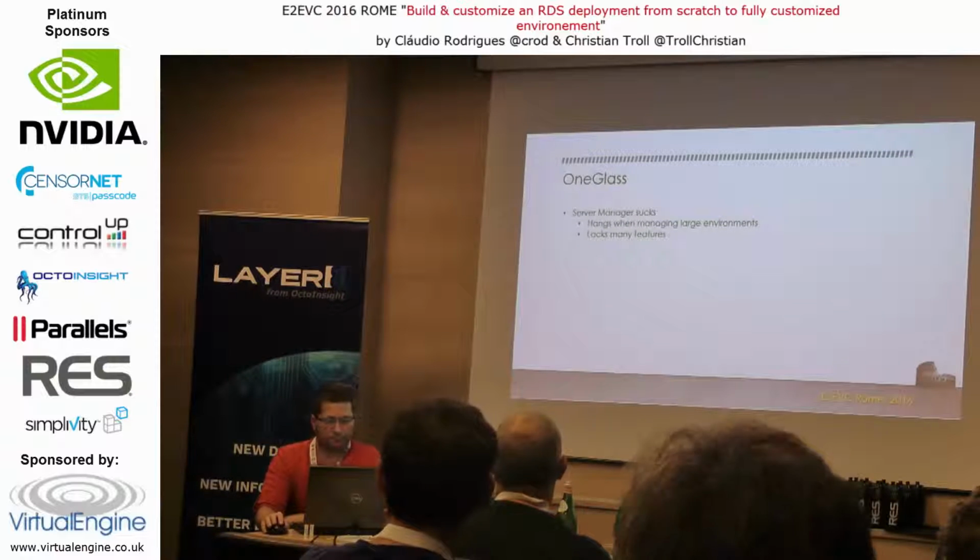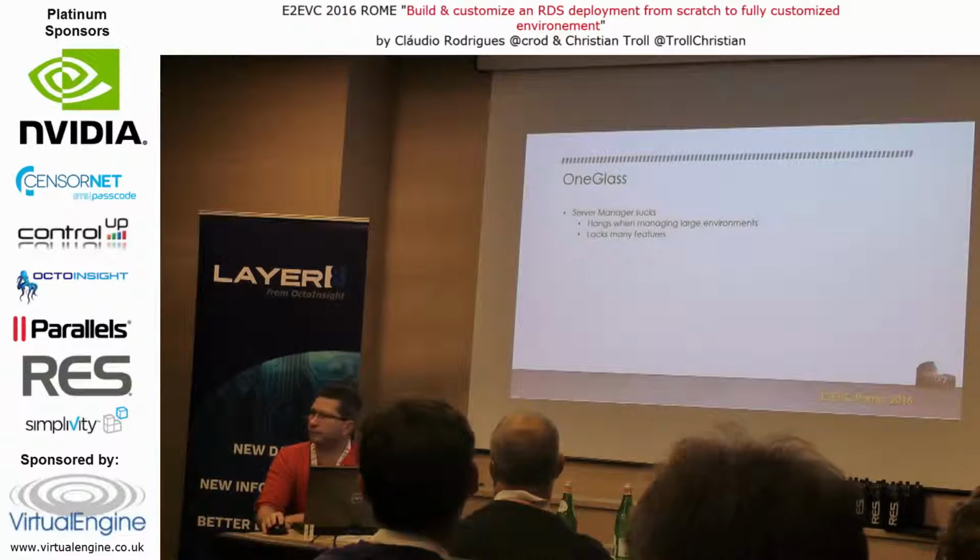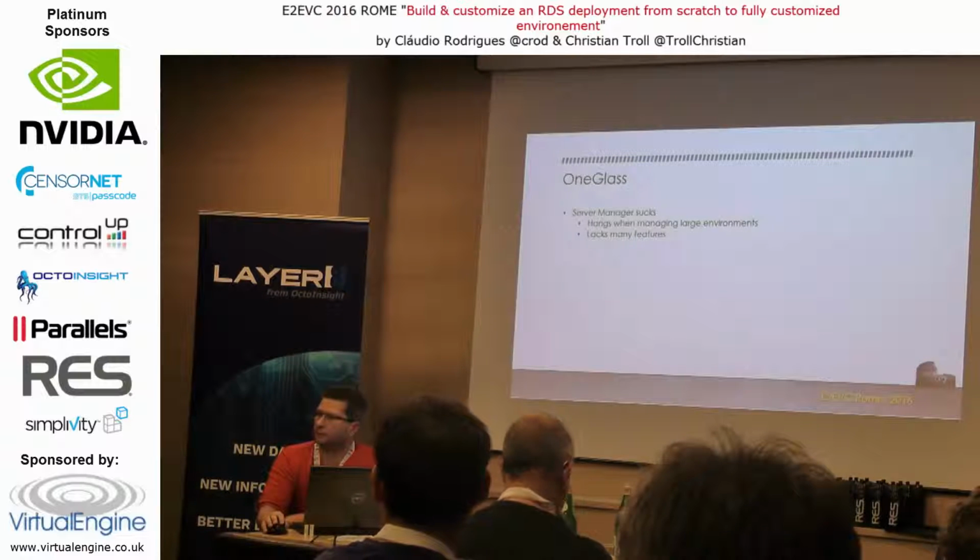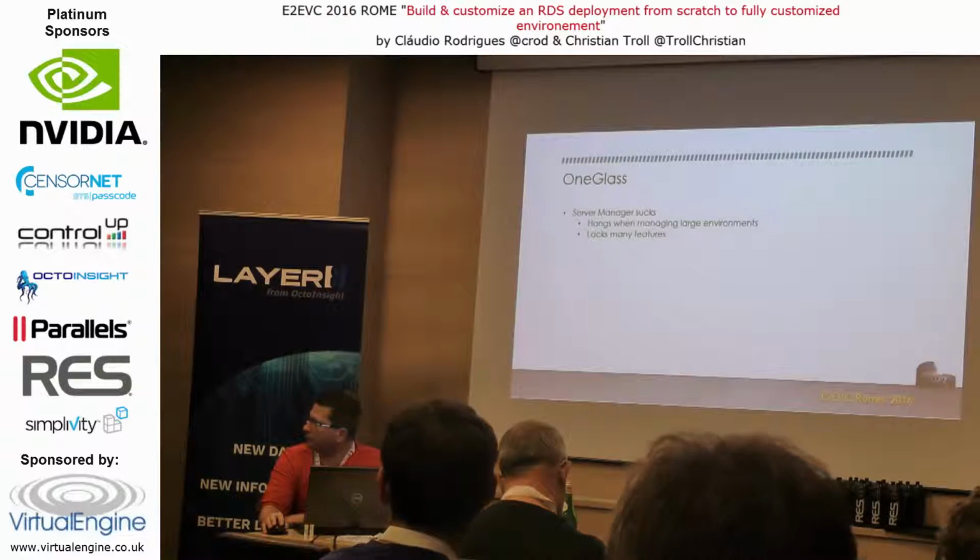So that's the reason why One Glass came to the picture, to build a simple to use console. You point to the connection broker, it retrieves all the information, and it actually works with multiple connection brokers.